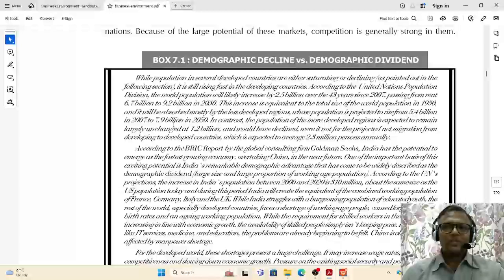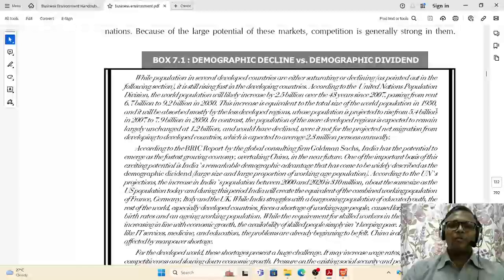According to the United Nations Population Division, the world population is likely to increase by 2.5 billion over the next 43 years since 2007, passing from the current 6.7 billion to 9.2 billion in 2050. This increase is equivalent to the total size of the world population in 1950, and it will be absorbed mostly by the less developed regions, whose population is projected to rise from 5.4 billion in 2007 to 7.9 billion in 2050.